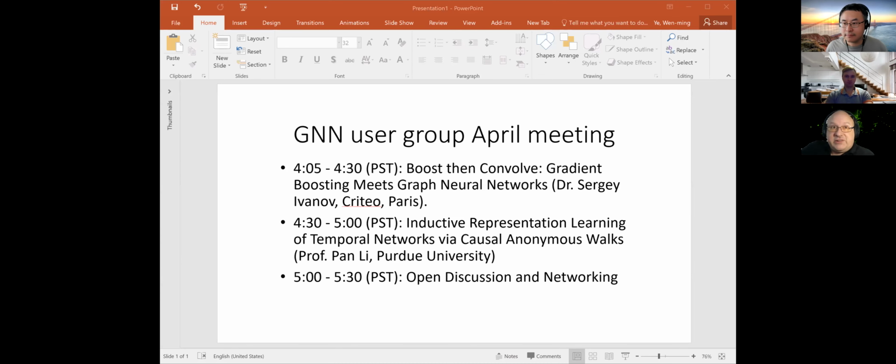I was one of the early creators of the RAPIDS package for data management, pandas on GPU plus scikit-learn on GPU. And we have another package called cuGraph, which is NetworkX on the GPU. So we're also adding cuGraph features into DGL, the Deep Graph Library, to accelerate a lot of the graph analytics and graph sampling processes you need for GNNs.